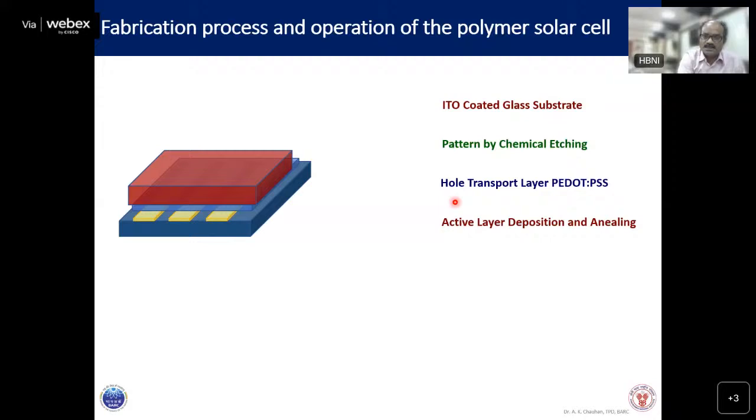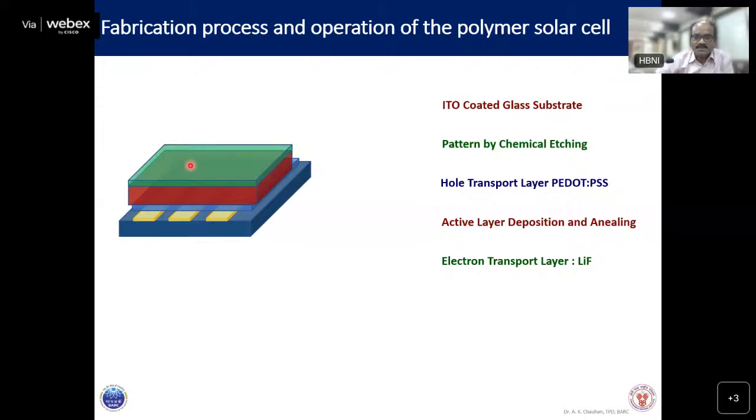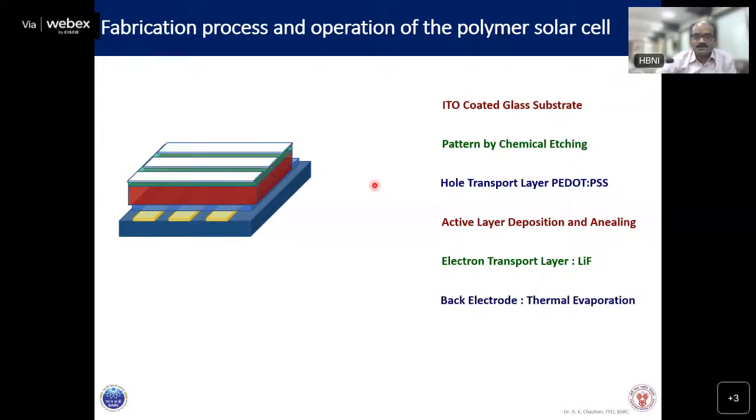Then the active layer is deposited by again spin coating, and you see the thickness of the active layer is slightly higher as compared to the PEDOT:PSS. Then an electron transport layer of lithium fluoride is deposited by thermal evaporation. The electrodes are deposited by thermal evaporation.